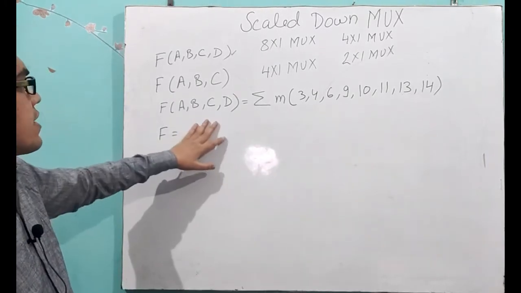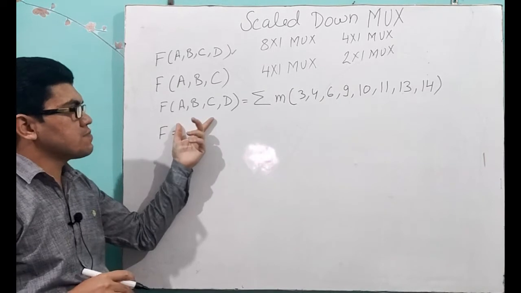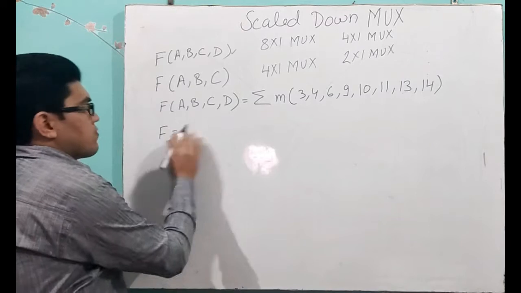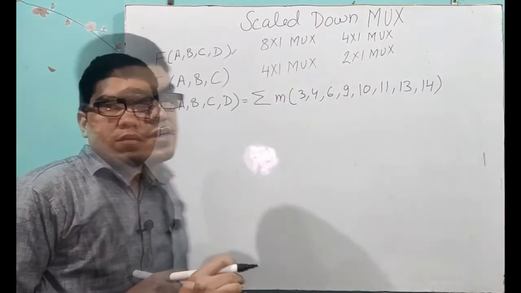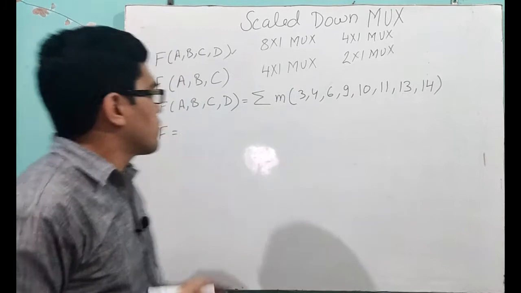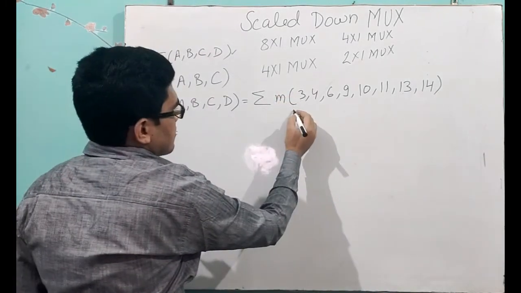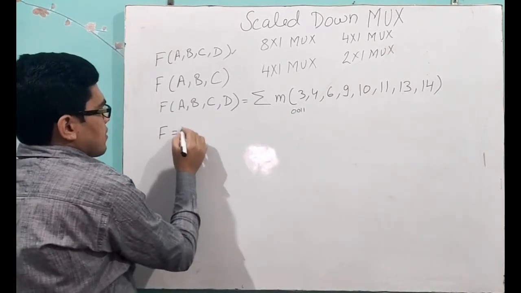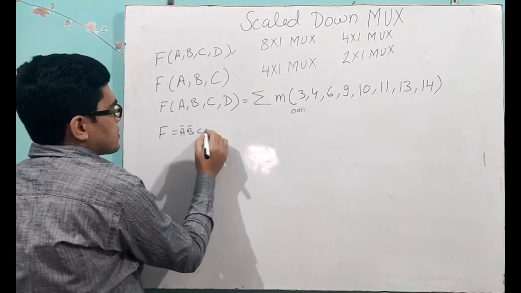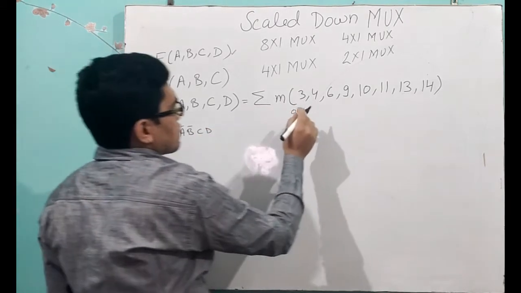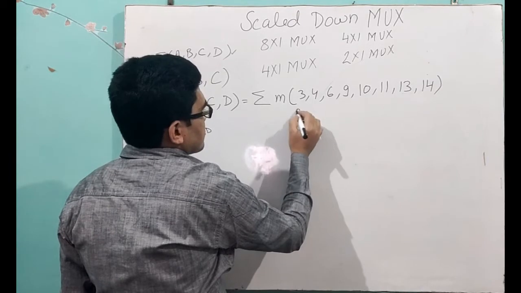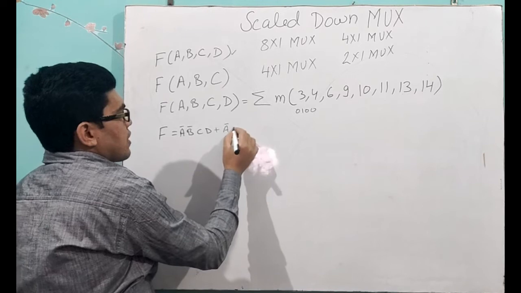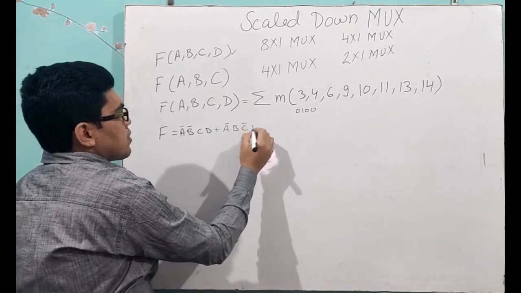Here I have taken an example of a 4 variables function. So this is our function. Now first you have to write it in SOP form. So 3 is 0 0 1 1, so we will write A bar, B bar, C, D. Next is 4, which will be 0 1 0 0. So how will we write it? A bar, B, C bar, D bar.